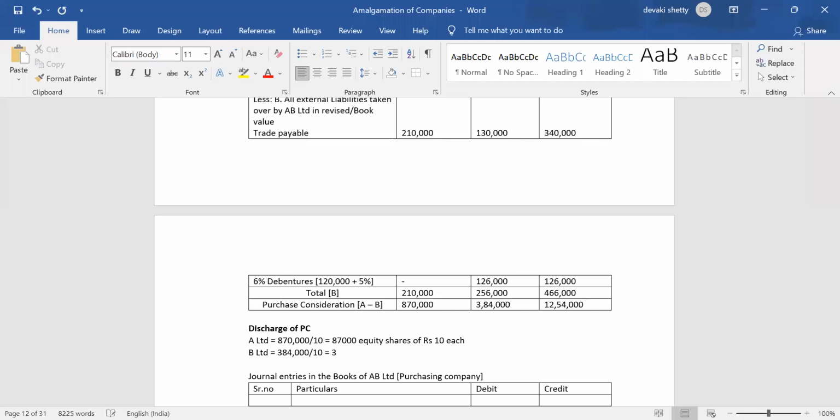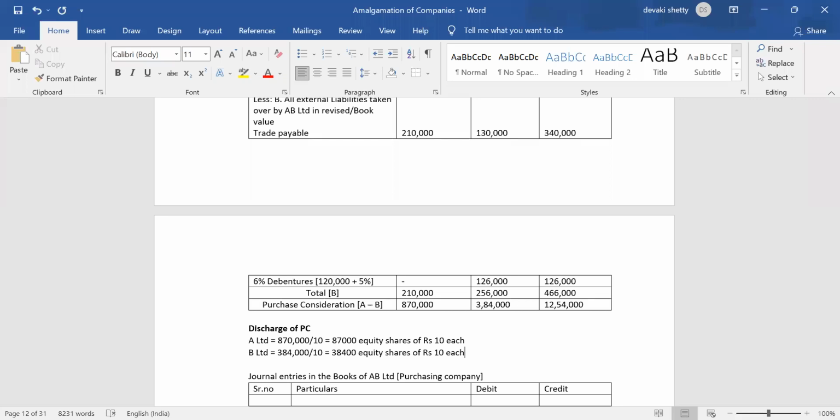This will become 38,400 equity shares of rupees 10 each. This is also done. Now let us start with the journal entries as told in the question.